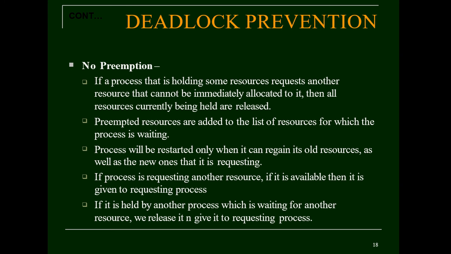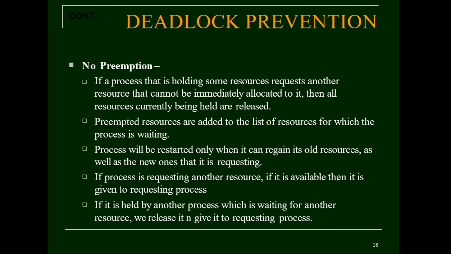The third one is no preemption. In this, if a process that is holding some resource requests another resource that cannot be immediately allocated to it, then all the resources currently being held are released. Preemption can be applied to those resources whose states can be easily saved and later restored, for example, CPU registers and memory space.